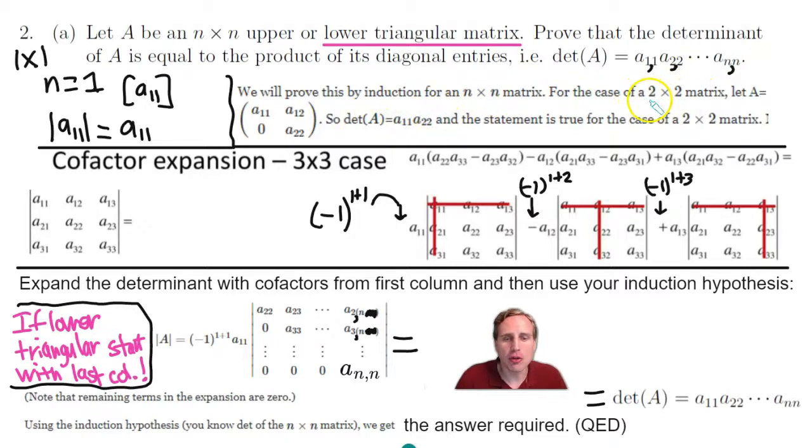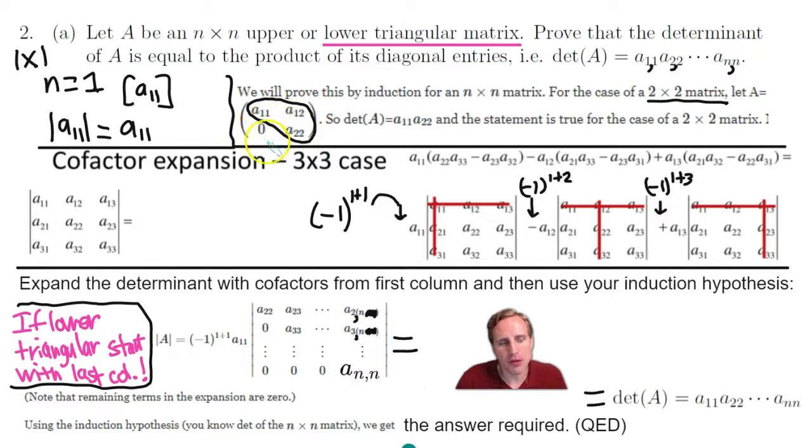What about a 2 by 2 matrix? Let's assume the 2 by 2 matrix is upper triangular. I want to do this proof for upper triangular matrices, but the determinant argument for lower triangular is very similar. So we can prove by induction for an n by n matrix, but we'll start with the 2 by 2 matrix. If matrix A is upper triangular, that means there's only data along the main diagonal and above the main diagonal.